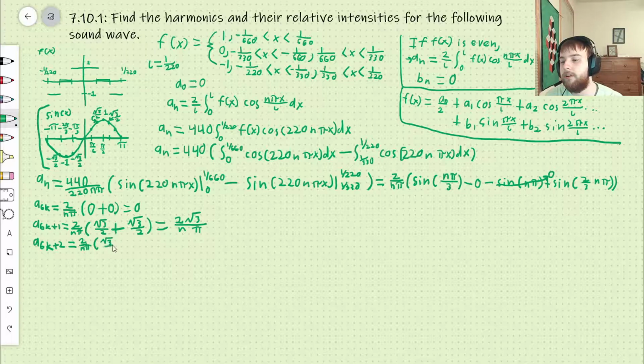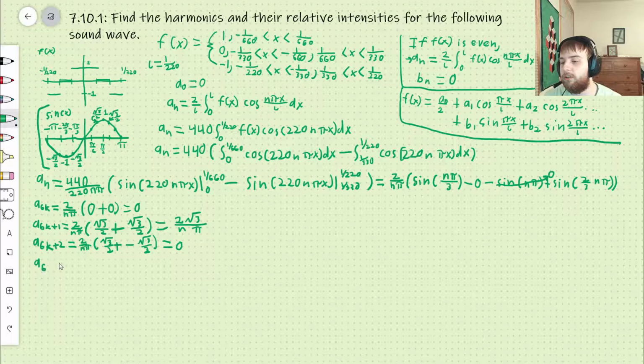Square root of 3 over 2 plus, and then this term is going to be 4 past the beginning of a period. So consider, we start over here. So this is 3 past the beginning of a period. This is 4 past the beginning of a period, going back over here. So that is a negative square root of 3 over 2. Notice that these terms are non-zero, but they cancel each other out. So this brings us back to 0.